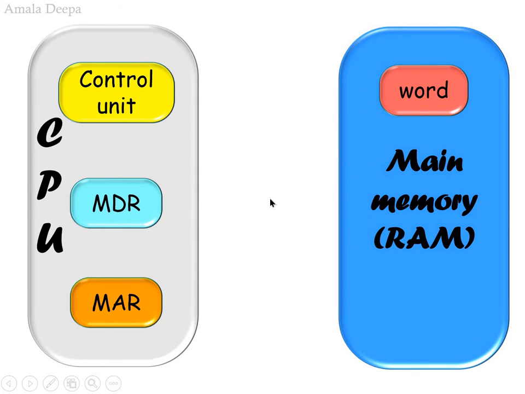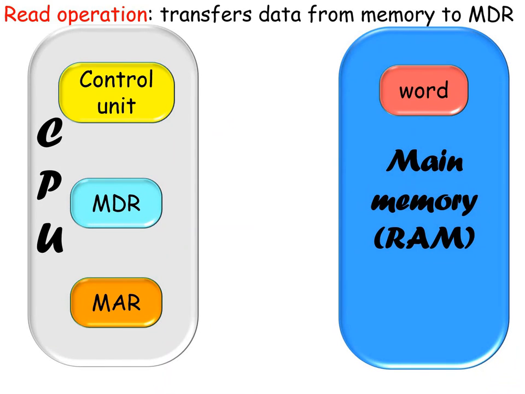First, we will see how a memory read operation takes place. Read operation transfers data from memory to MDR. During a read operation, the ALU places the address of the word to be fetched from the main memory in the memory address register.